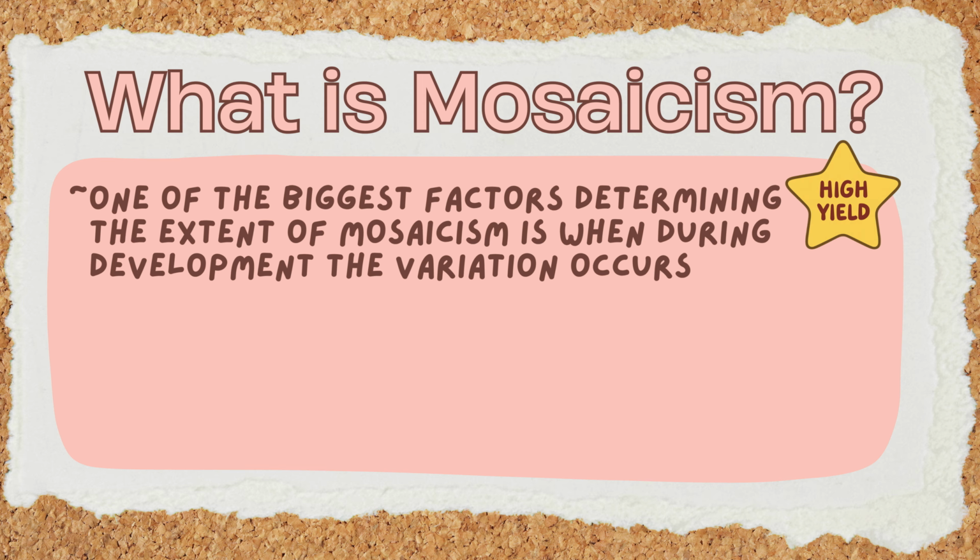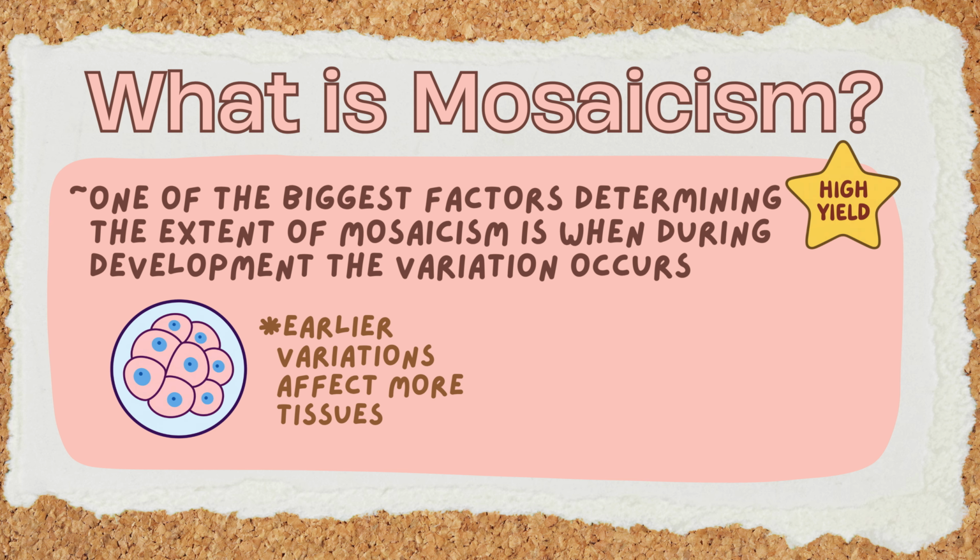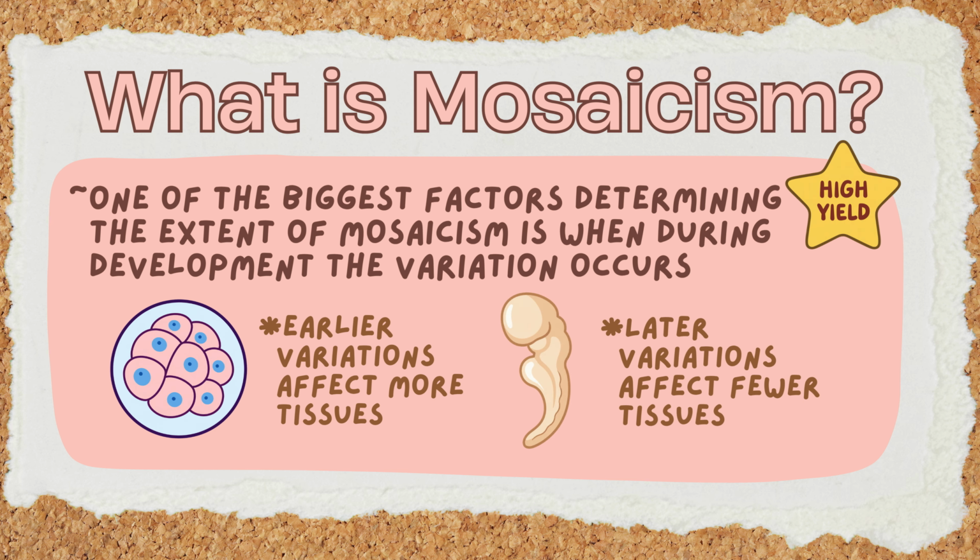So one of the biggest factors determining the extent of mosaicism is when during development the variation occurs. Generally speaking, earlier variations affect more tissues. Later variations affect fewer tissues. That simple concept explains many of the clinical differences we see.